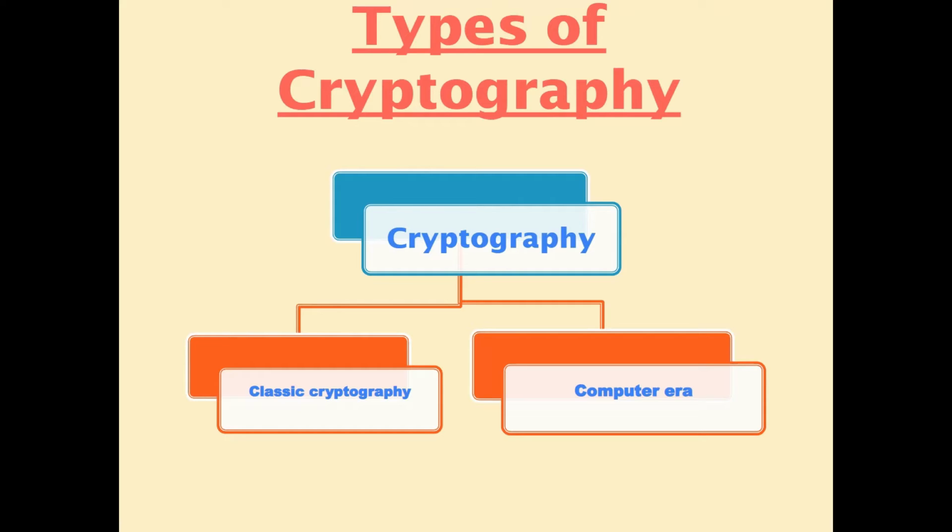Now cryptography, on the basis of its origin time, is divided into two parts, classical cryptography and computer era cryptography. By both names, you can understand in layman's terms that in this era we have huge computational power.